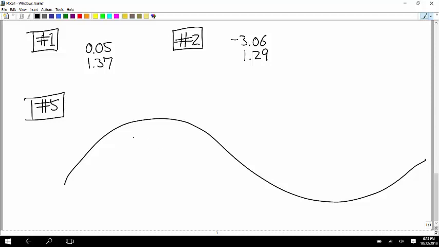Okay, so if you only look at this part from here to here, that's like a really nice cup, right?